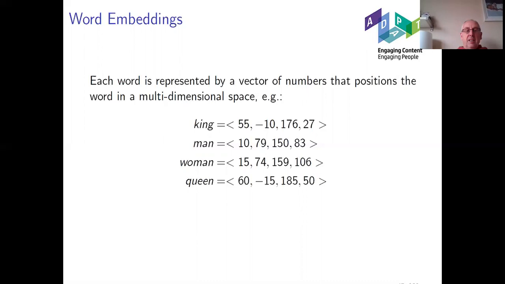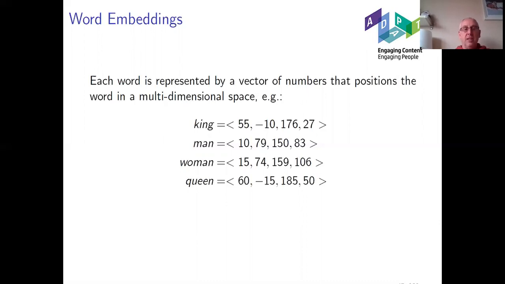You can see there that the only difference between king and queen is that for the first two instances, there are only 5 positions in the multi-dimensional space different for king and queen. So these items are occurring in very similar positions in that multi-dimensional space.